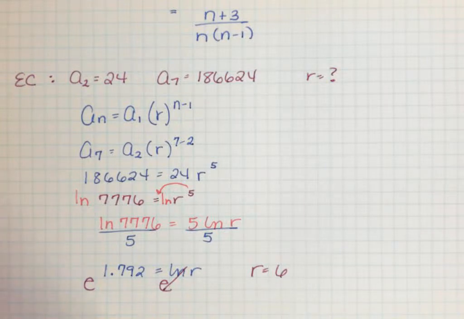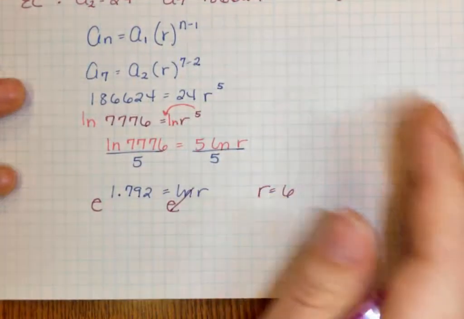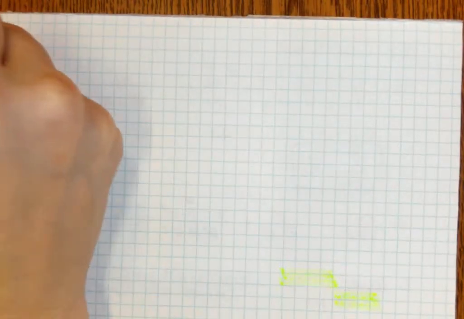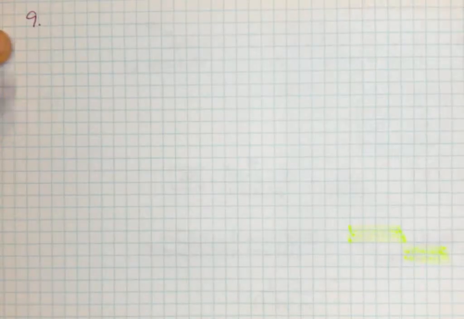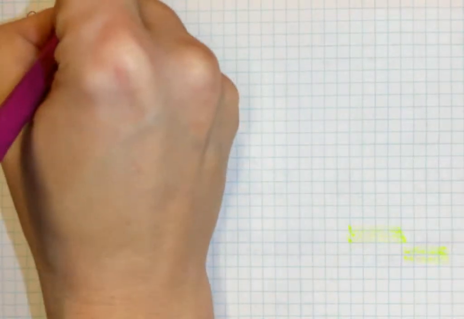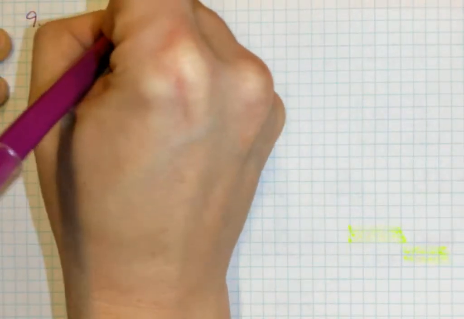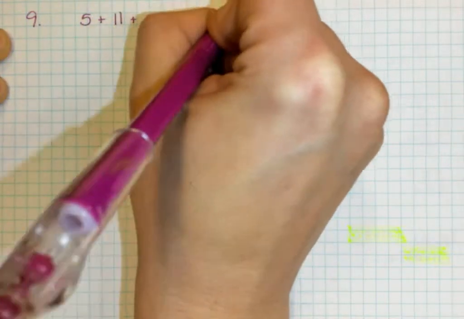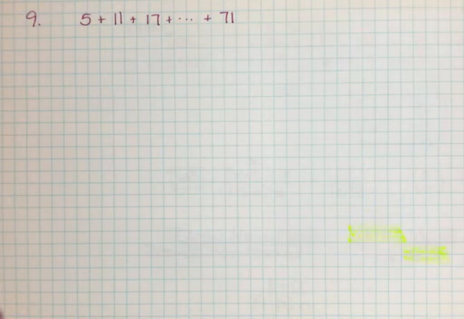Quiz star number 9. Sigma notation. All right, so number 9 gave me 5 plus 11, 17, all the way up to 71. Can you see my pattern here? Okay, what's going on?